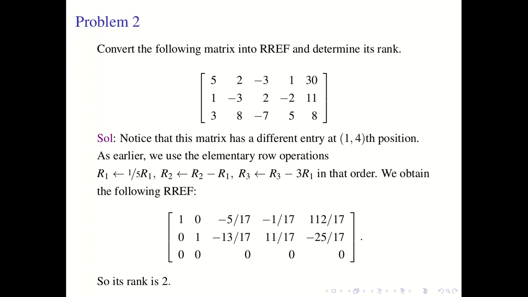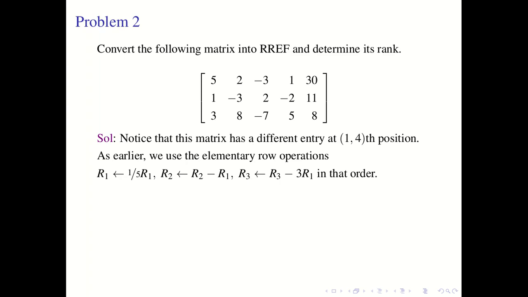Now suppose I start with the next matrix: 5, 2, minus 3, 1, 30; 1, minus 3, 2, minus 2, 11; 3, 8, minus 7, 5, 8. Here again the first pivotal entry is 5, so divide by 5 and then replace the second row by R2 minus R1, and the third row by R3 minus 3R1.